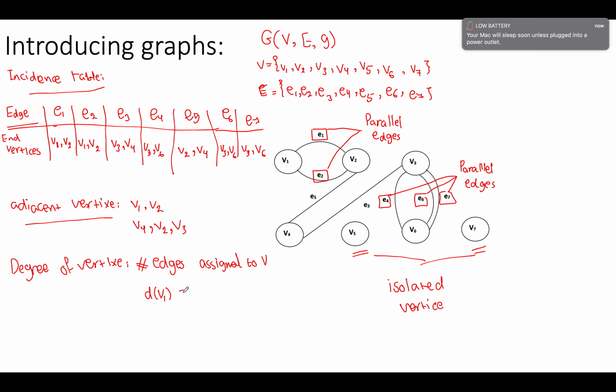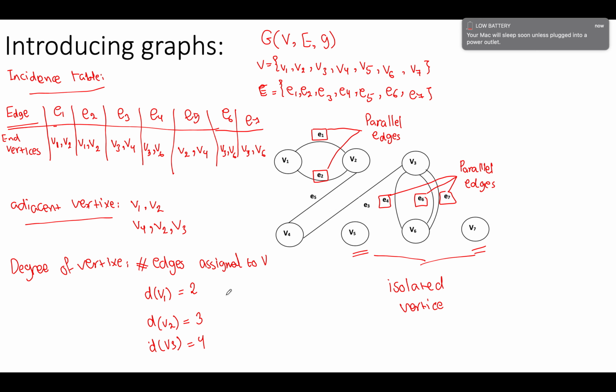So the degree of V1 is, V1 has 2 edges, so it's equal to 2. Degree of V2 is equal to 1, 2, and 3. Degree of V3 is equal to 1, 2, 3, 4. So here we are calculating the number of edges assigned to a certain vertex.